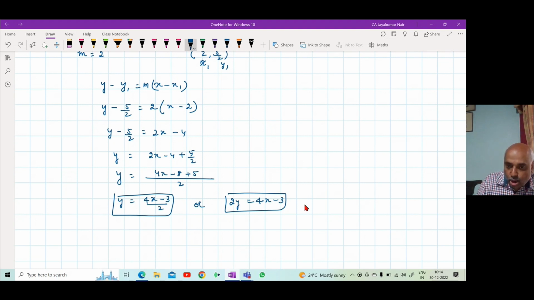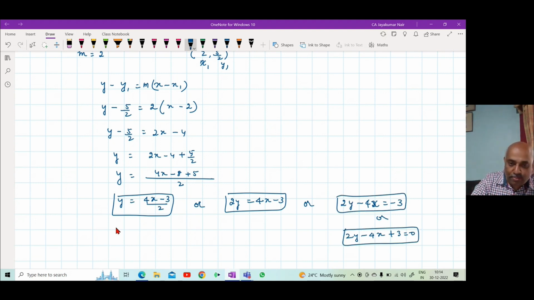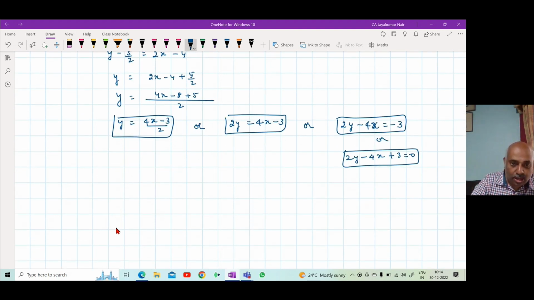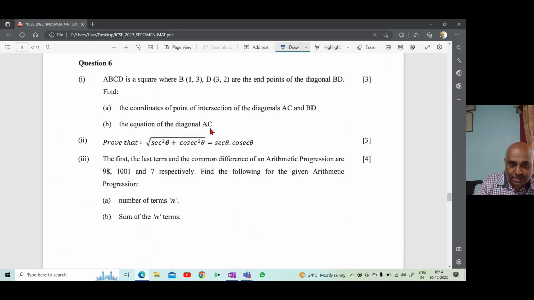Or I can say 2y minus 4x is equal to minus 3, or I can also say 2y minus 4x plus 3 is equal to 0. Any one method you can show. So this is also answered.